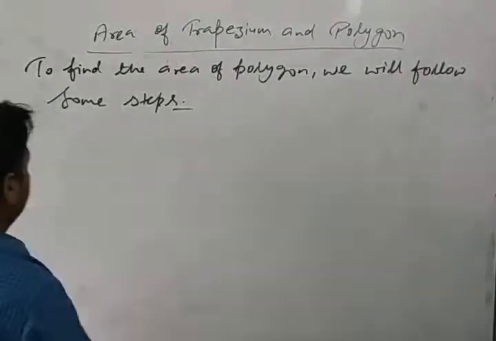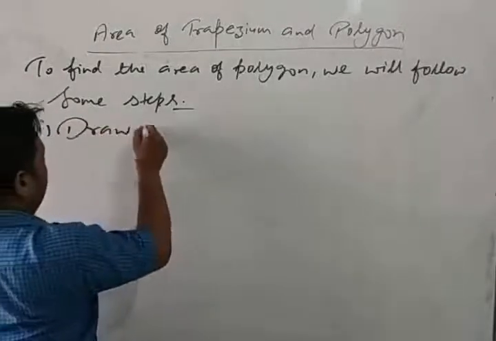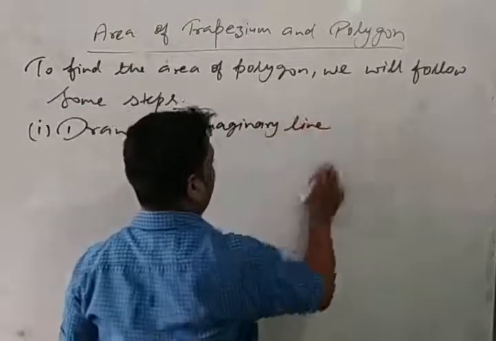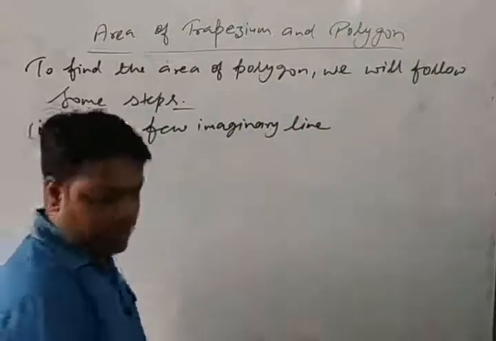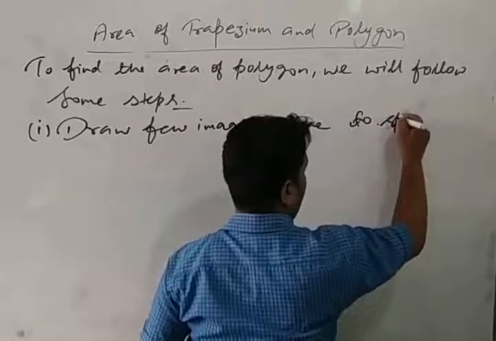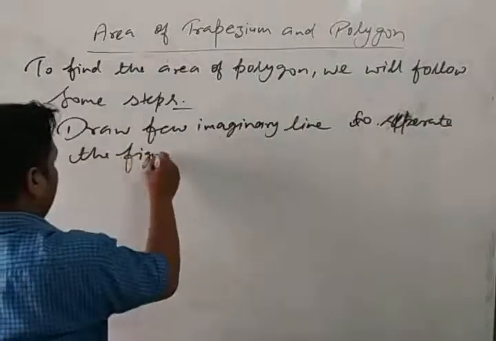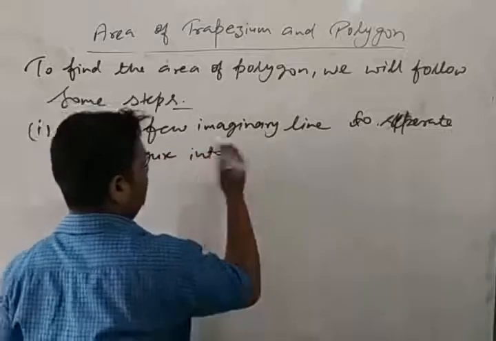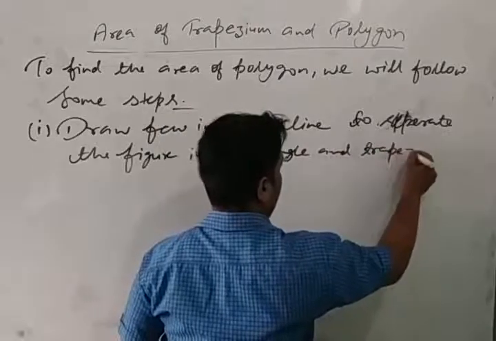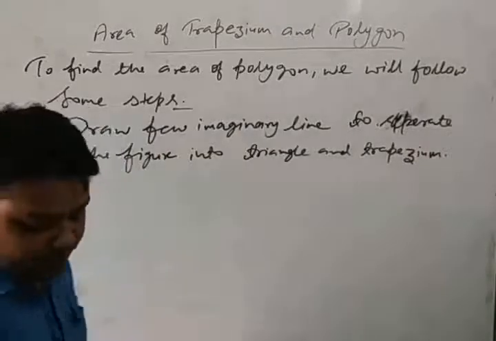The first point is to draw a few imaginary lines to separate the figure into triangle and trapezium.